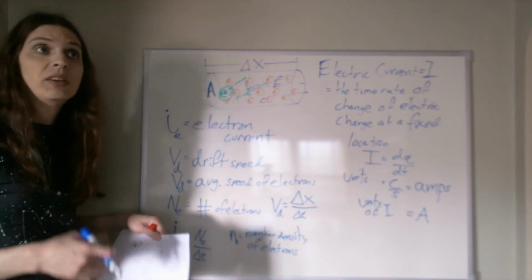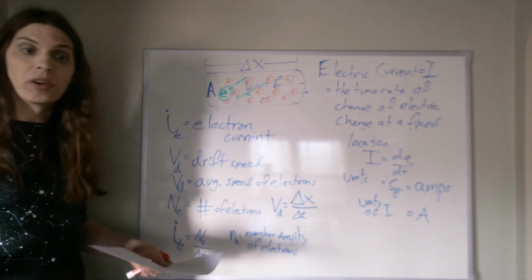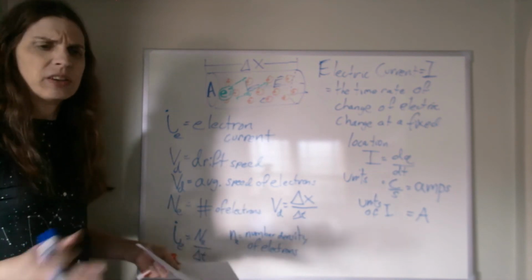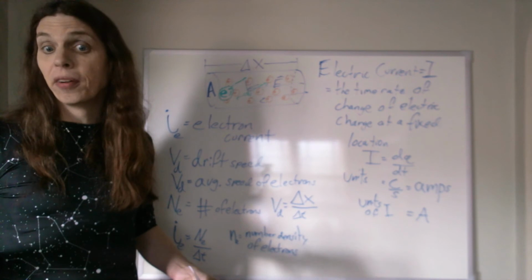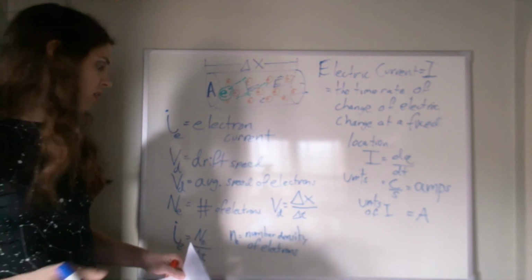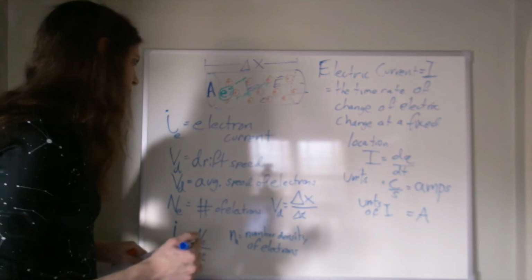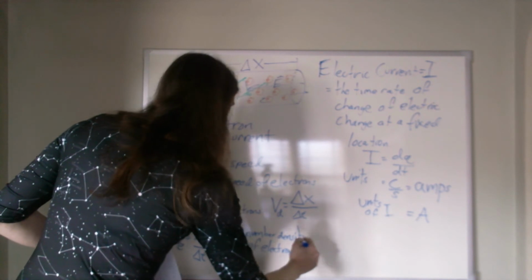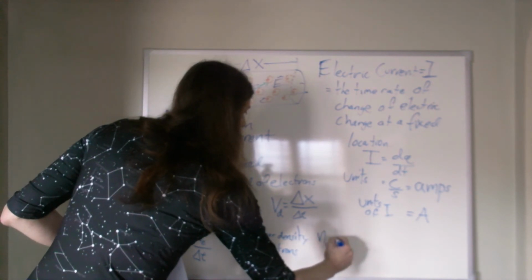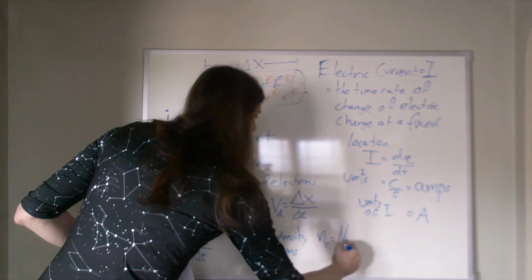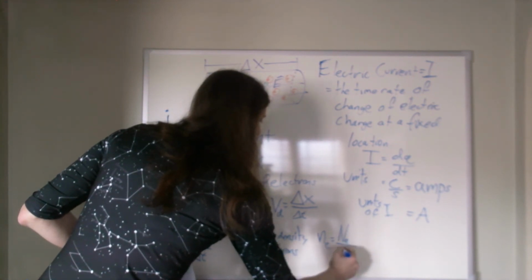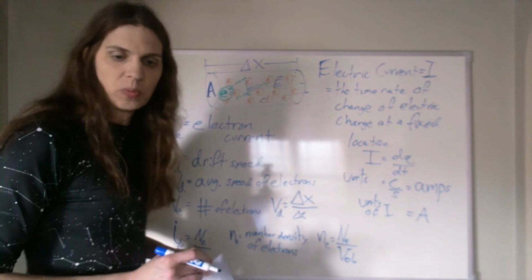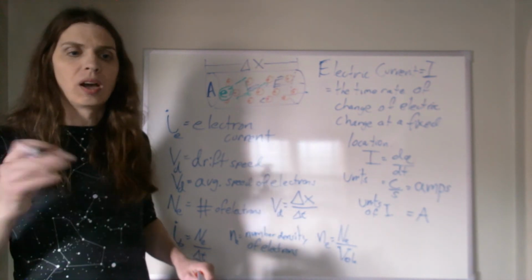And number density is number per unit volume, amount per volume. So like 10 to the 28 electrons per cubic meter, that sort of thing. So that will get its own equation as well. So that's the number of electrons per unit volume. I'm writing out VOL there just so that we don't confuse it with potential.